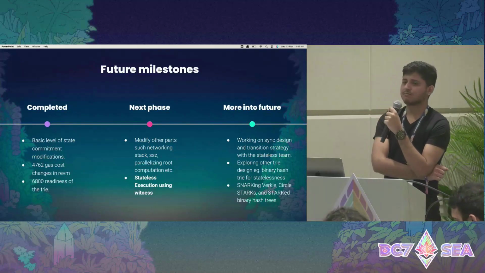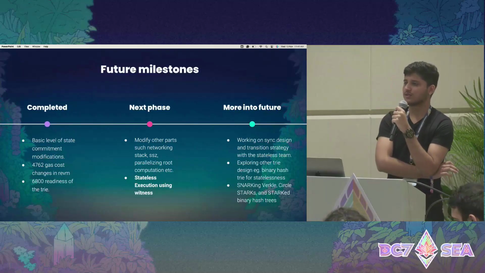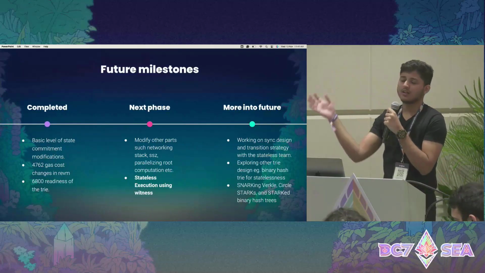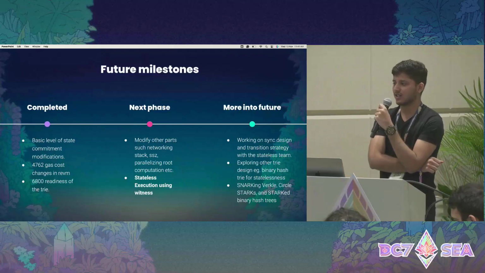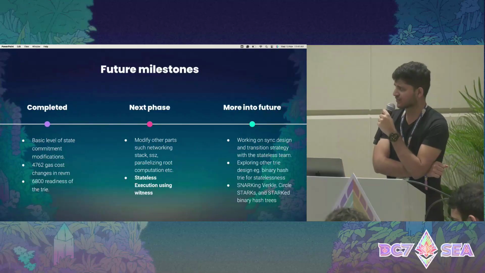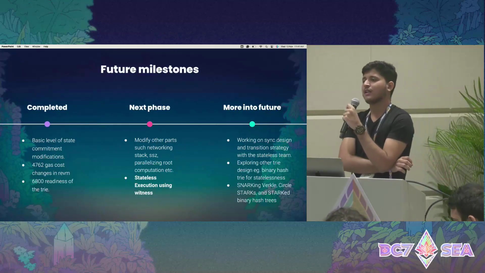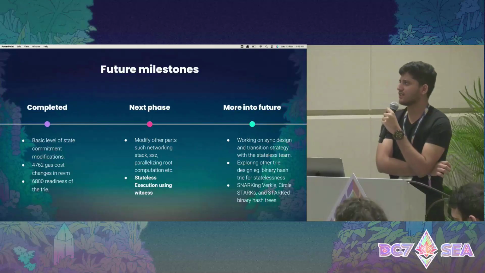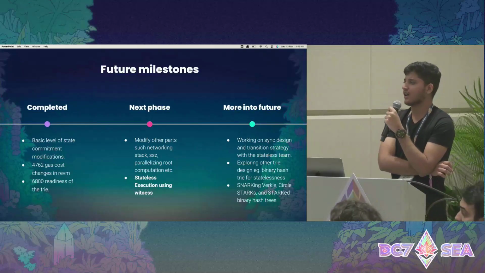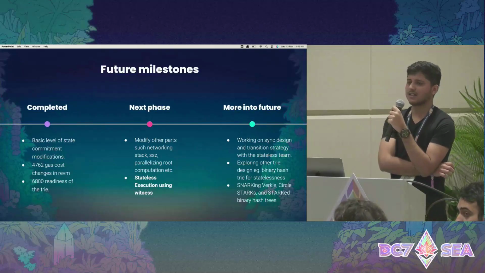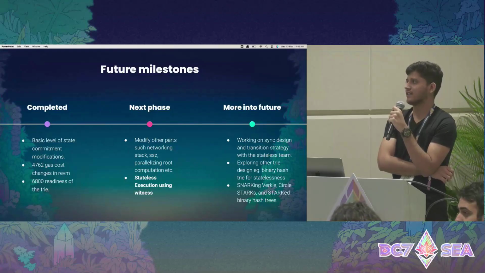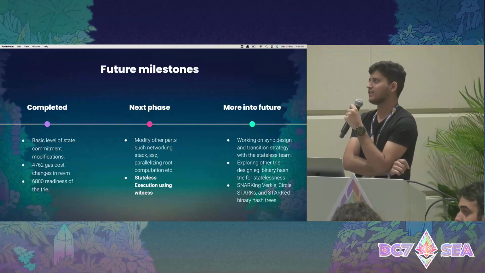But there is some research going on to directly shift to whole verification of the consensus and execution layer using ZK SNARKs. For that, Verkle is not easily usable. We are not able to prove the Verkle trie structure easily using SNARKs. So there are some proposed structures such as stacked binary hash trees and circle STARKs, and proving hashes using circle STARKs such as Poseidon and everything.